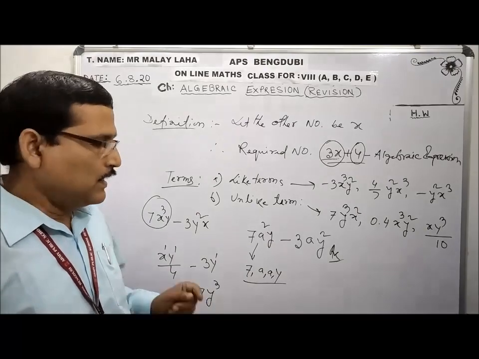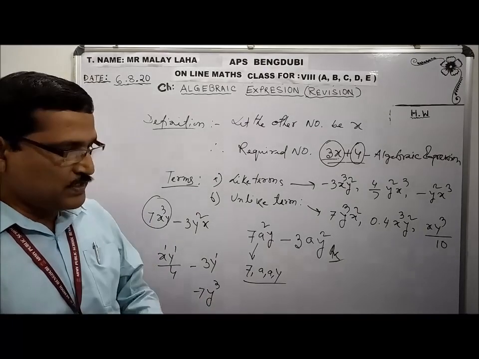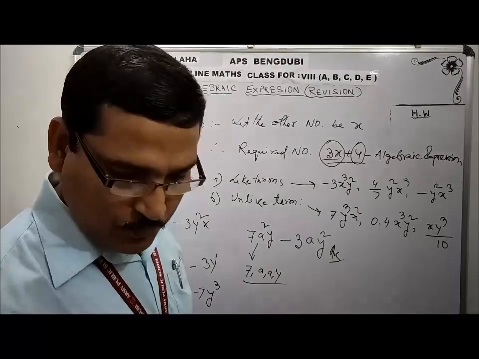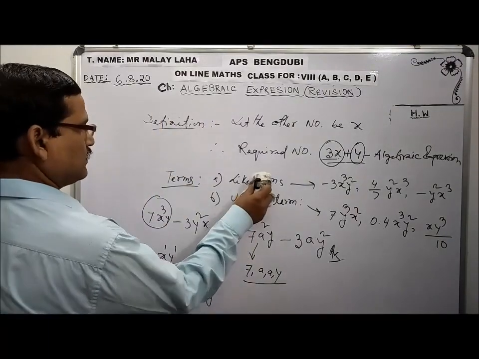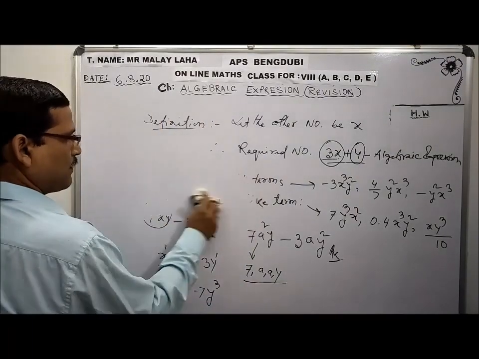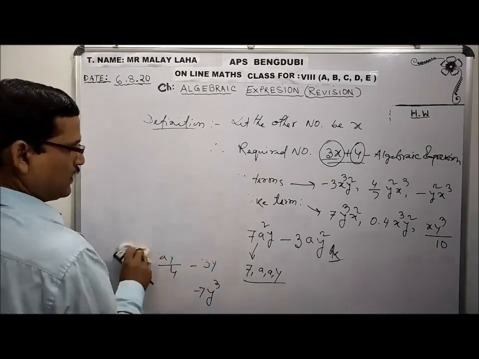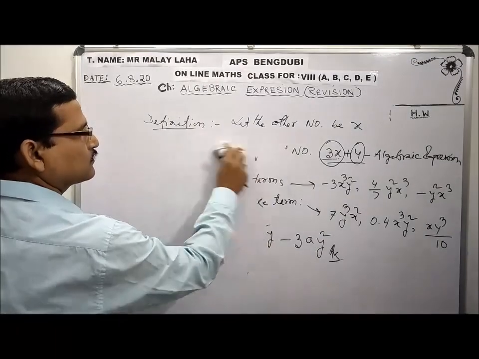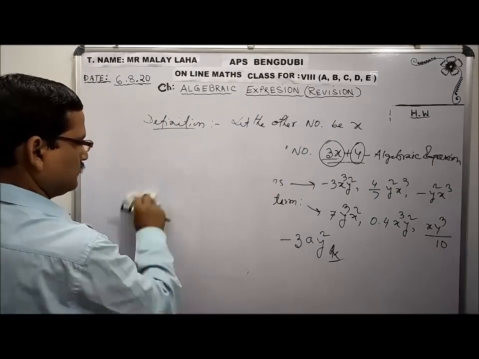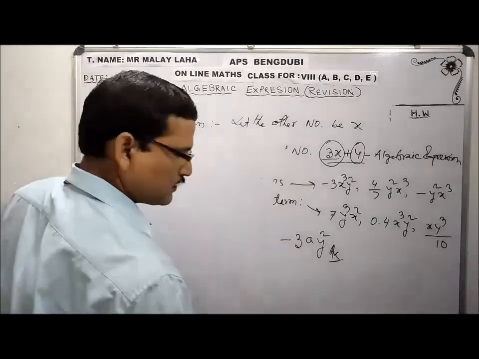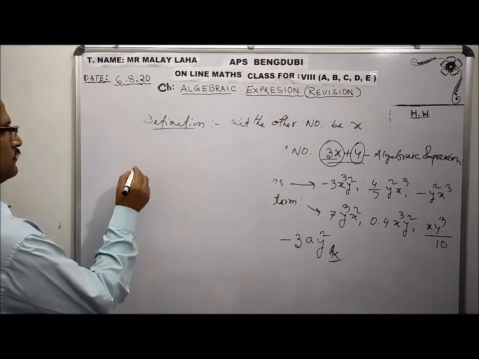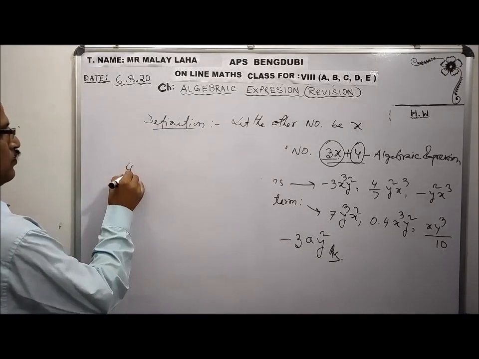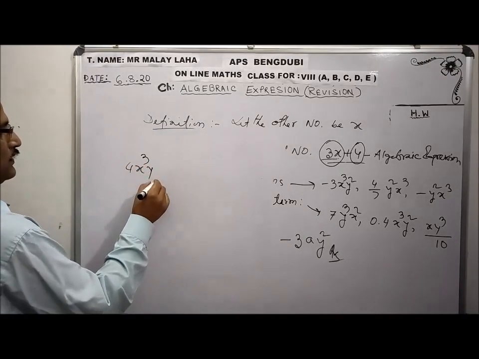Are you clear? Now again the expression is classified into four categories on the basis of the number of terms it possesses. Say 4x cube y.